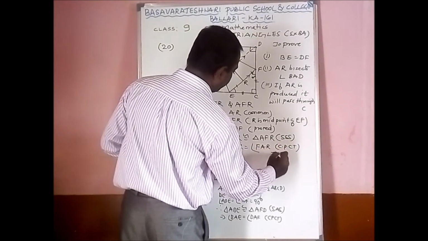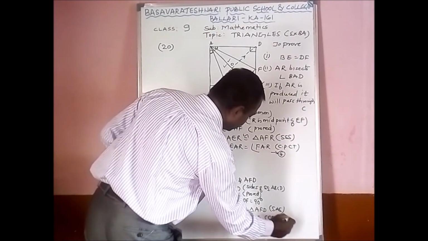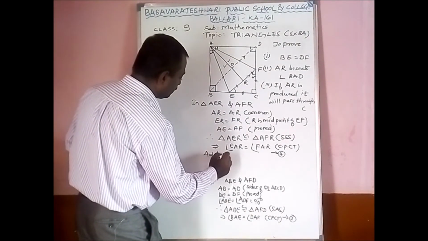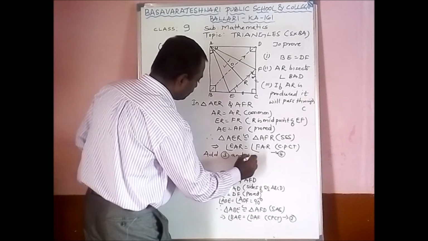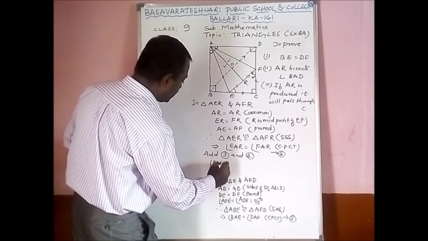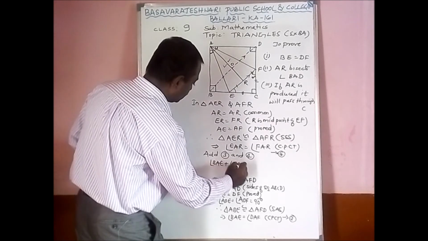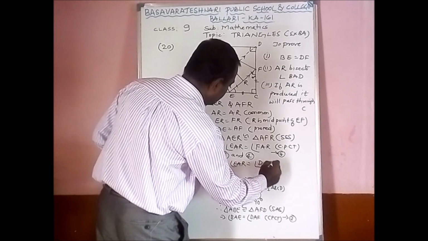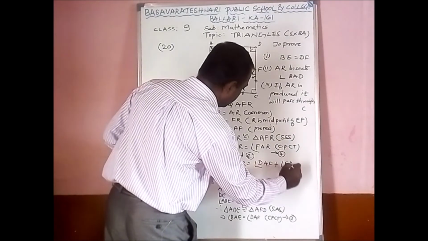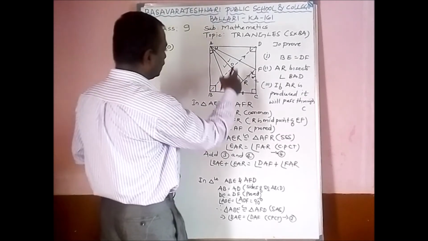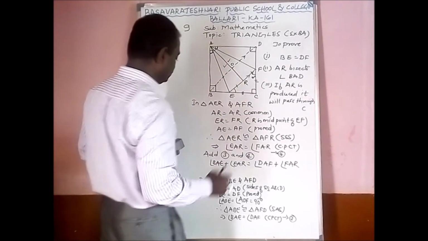So this is equation 4, and this is equation 3 which I will keep. Add 3 and 4. Angle BAE plus angle EAR is equal to angle DAF plus angle FAR. Angle BAE plus EAR is nothing but angle BAR.